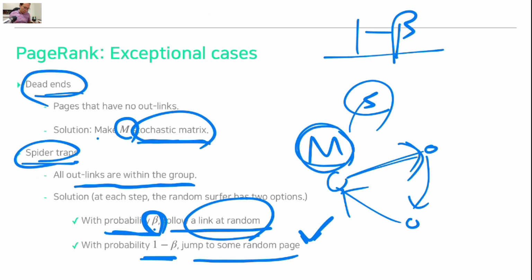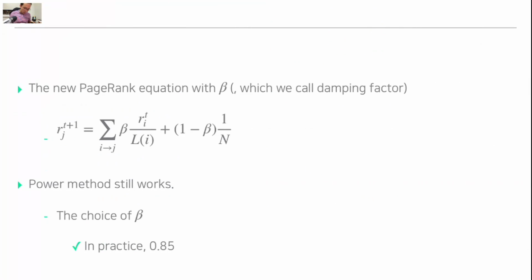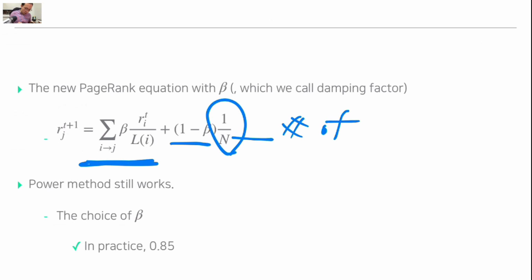So let me give you the mathematical formulation about this. With the beta, we follow the existing link, which is the same as the previous formulation, right? But with the probability 1 minus beta, we can go to anywhere. This is the same as the number of the node, right?